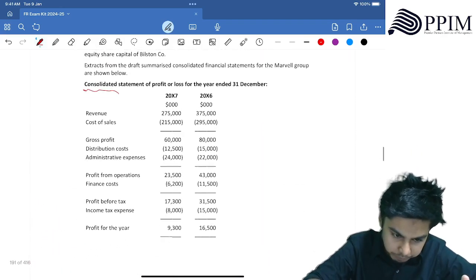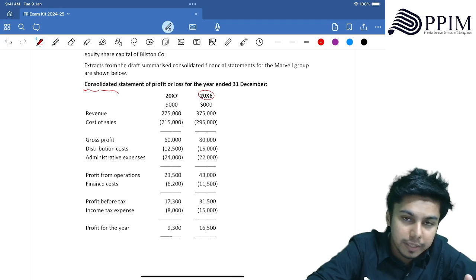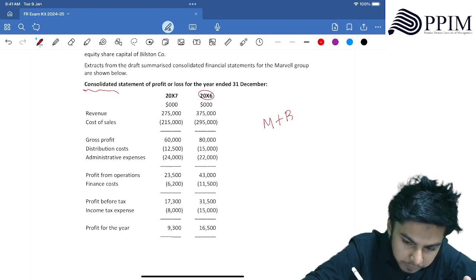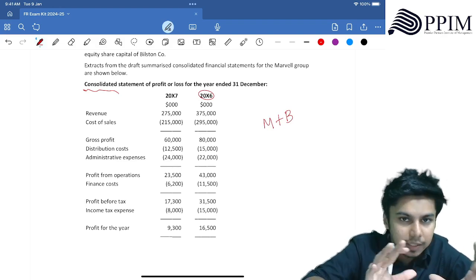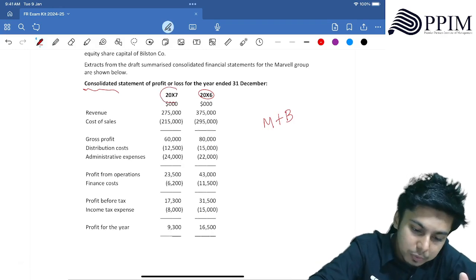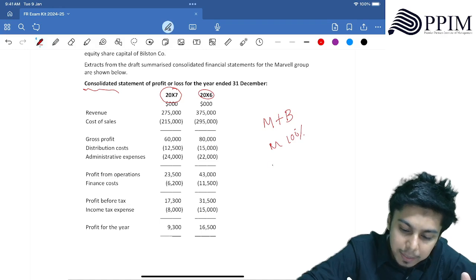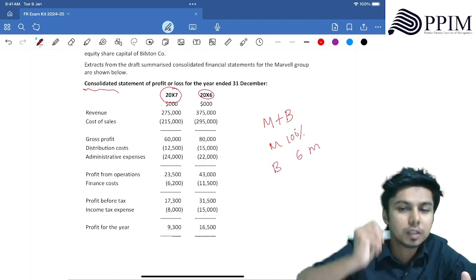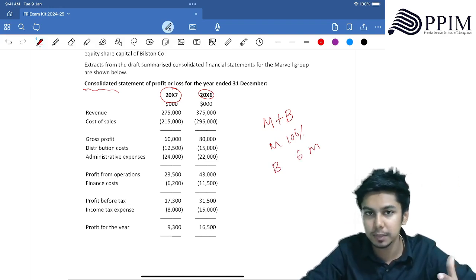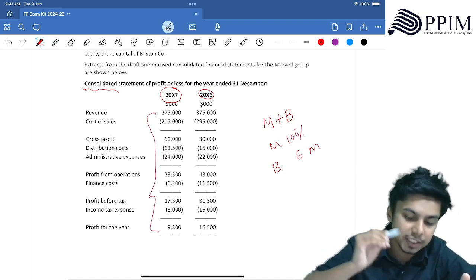See, in the 2006 consolidated P&L, Marvel plus Bilston, 100% performance is inside this. But in 2007, Marvel's 100% performance is there, while Bilston's only 6-month performance is there, because after 6 months we sold the subsidiary. So only 6 months of income and expenses of Bilston is inside this profit and loss account.